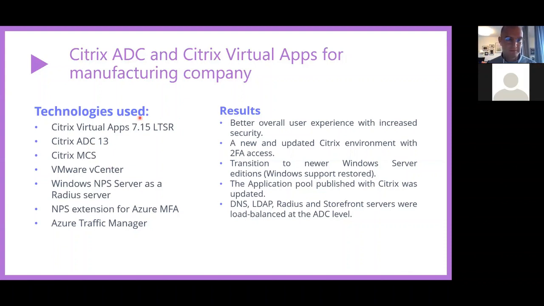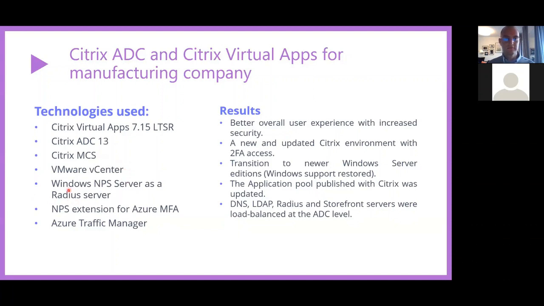We use the Citrix Virtual Apps 7.15 LTSR, which is short for long-term service release. Citrix ADC 13. As a provisioning technology, we use Citrix MCS, short for Machine Creation Services. VMware vCenter was the hypervisor used.